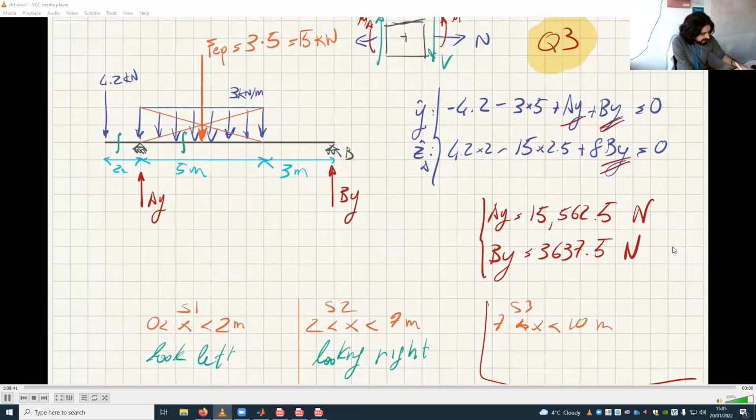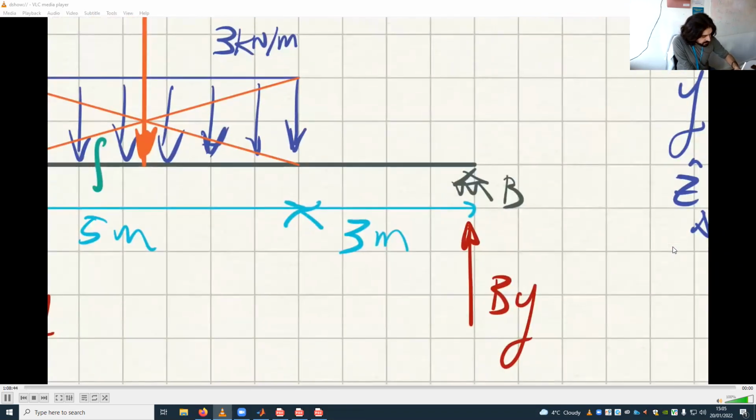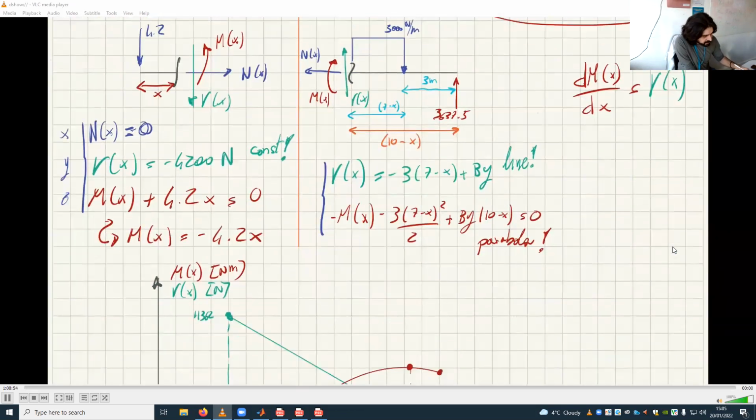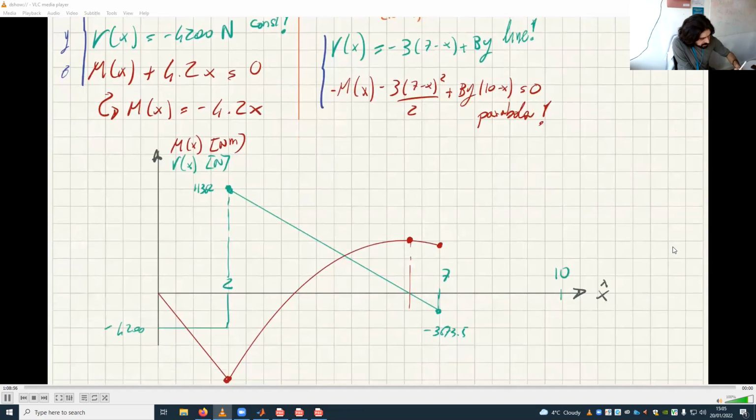I will not do any calculation, but see, if I cut here and look right, the shear force is constant, is By. That's the only force that is there. So the shear force is constant, and it's minus By. And minus By is exactly this number here. So this is how the shear force diagram looks.